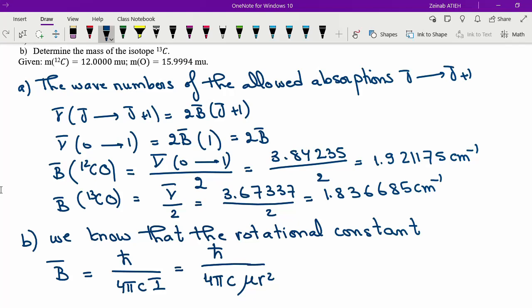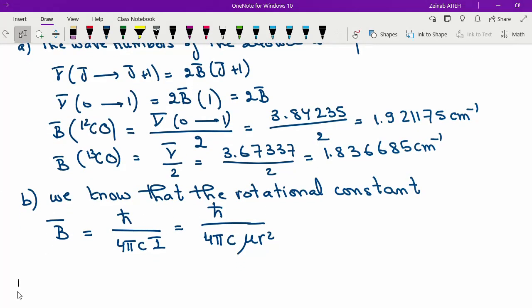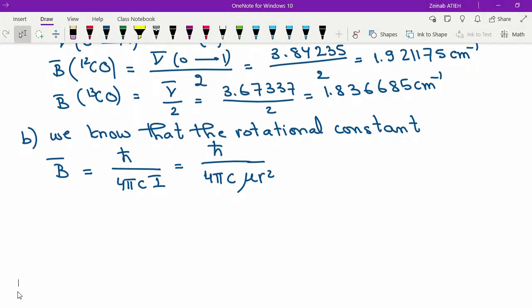Because the mass of C13 is higher than the mass of C12, that's for sure mu for C13O is larger than mu for C12O. Now because we have B for C12O and B for C13O, let's calculate their ratio.